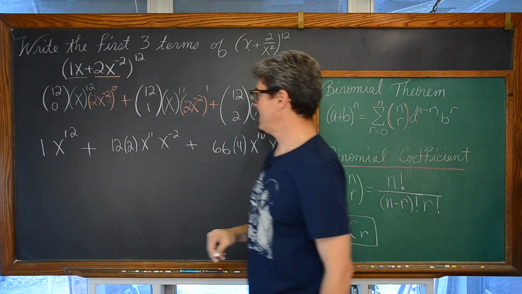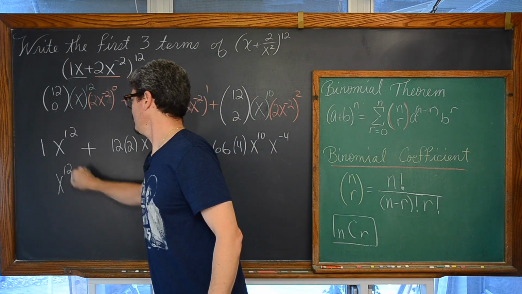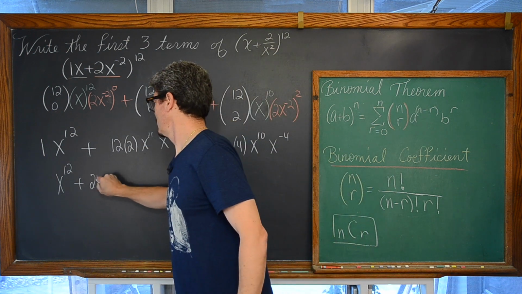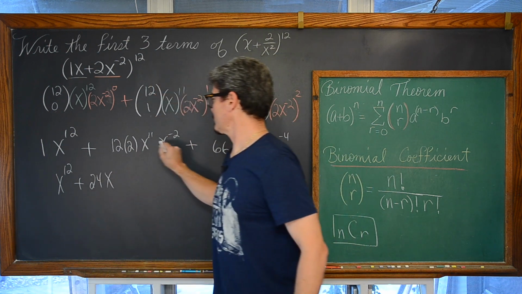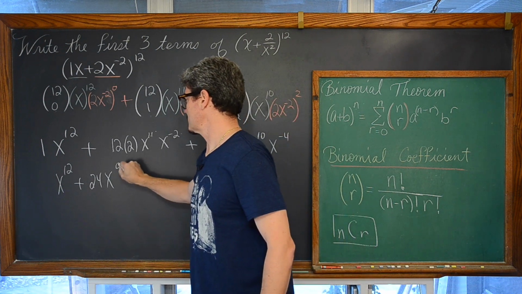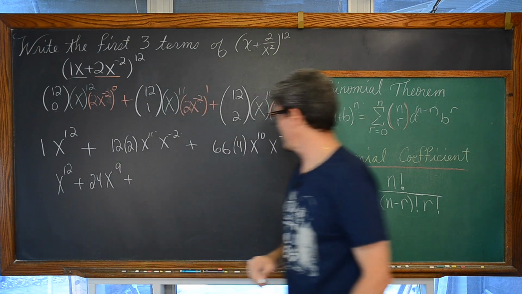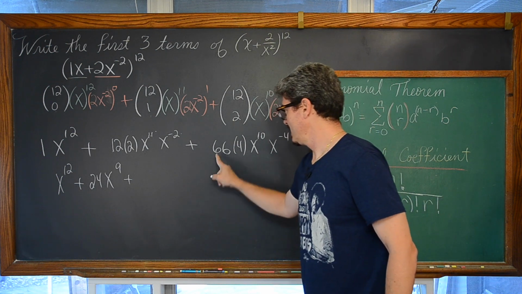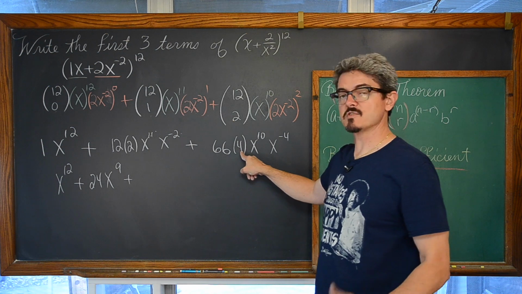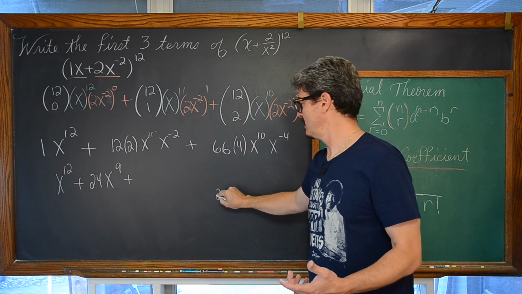Okay, so we have x to the 12th plus 12 times 2 is 24. And then when you multiply like bases, you add the exponents. So 11 plus a negative 2 is 9. And now I can't glance in my notes to see this. So we have 66 times 4. Well, 60 times 4 is 240.